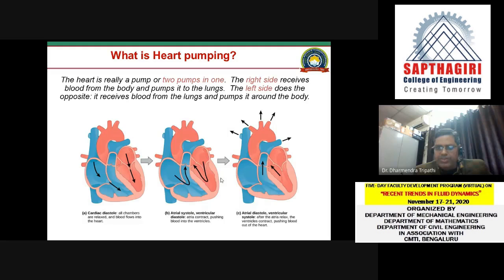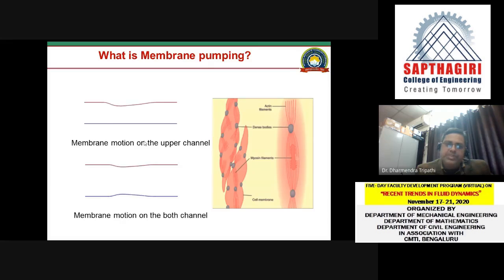So there are three processes, due to the internal mechanism involved in the heart, and due to this mechanism the heart pumps and our blood flows. We are not externally pumping our blood; it is pumped internally, and this is another type of pump.